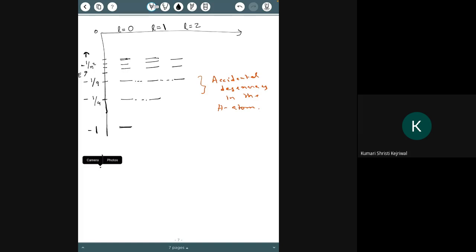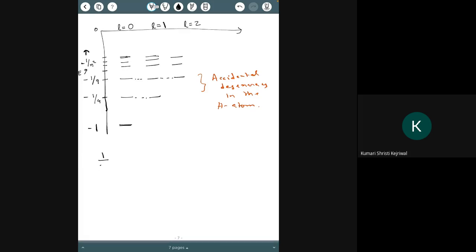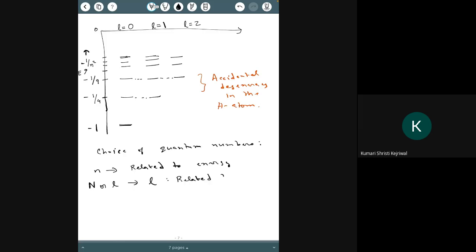Okay. So the quantum numbers that you choose: N is pretty obvious since it is directly related to energy. Out of N or L, you choose L because it is related to angular momentum of the electron.